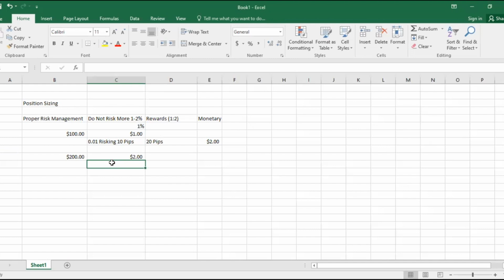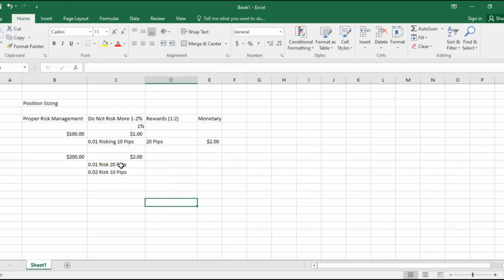You can either do a lot size of 0.01 and risk 20 pips, or you can do 0.02 and risk 10 pips. Either of them, if your stop loss is hit, will give you a loss of $2.